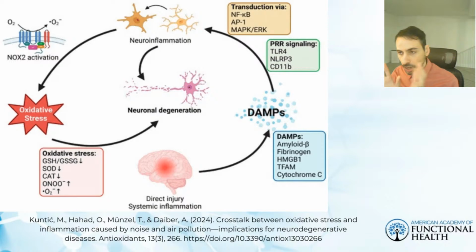But for the sake of today's conversation, we're going to talk about the peripheral nervous system. So the microglia is now activated and starting to produce superoxide, which is essentially reactive oxygen species or free radicals, and it starts destroying the tissue, right? That's what we call a state of oxidative stress, right?